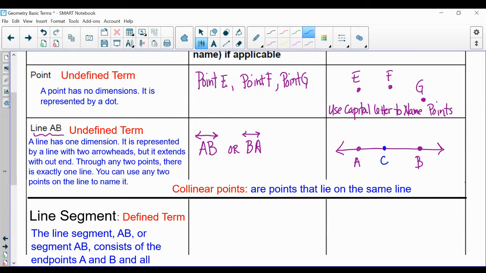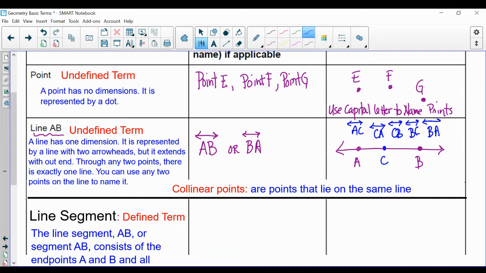So now I could call this line CA, with the notation for a line above it so I know it's a line and it goes on and on. I can call this CB. I can name this line BC, or I can call it BA, not AB.